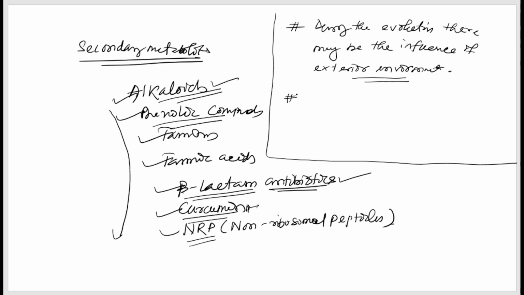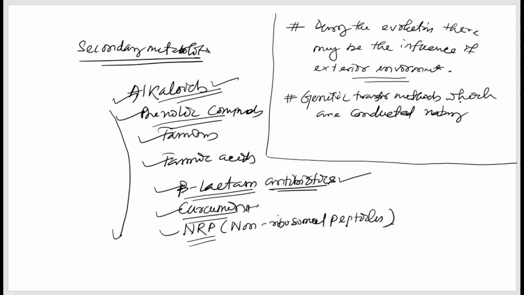So in that scenario, there may be genetic transfer methods conducted naturally, or inherited from parent to offspring, or in some cases horizontal gene transfer.